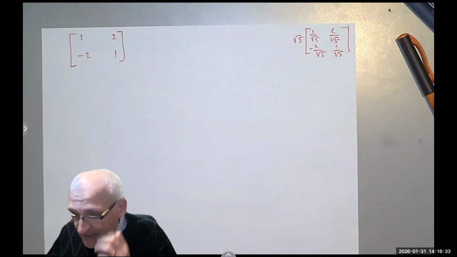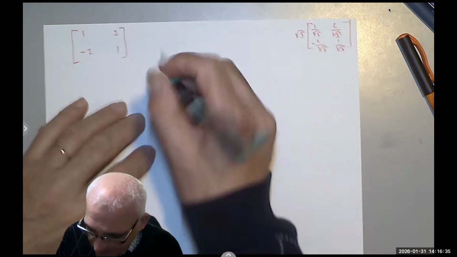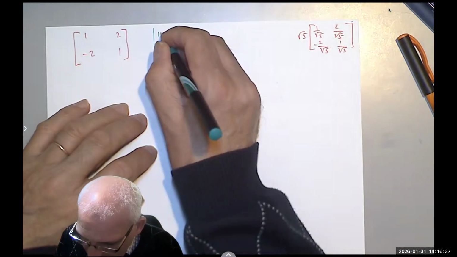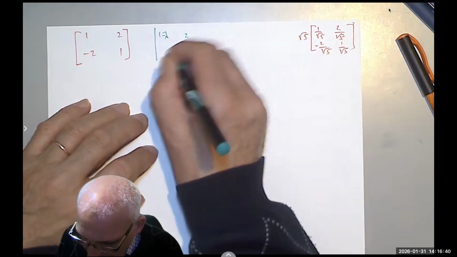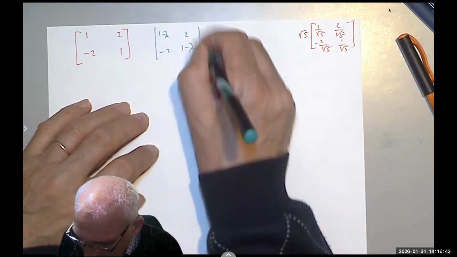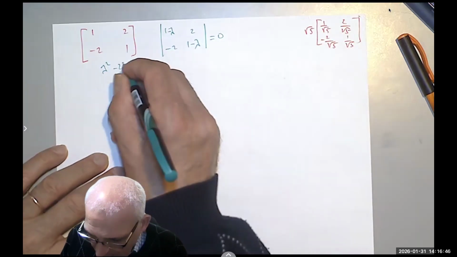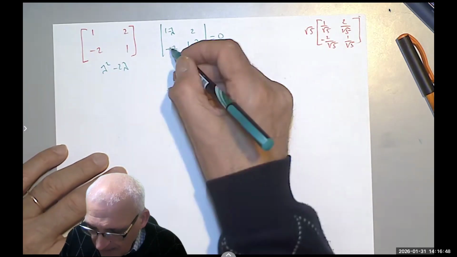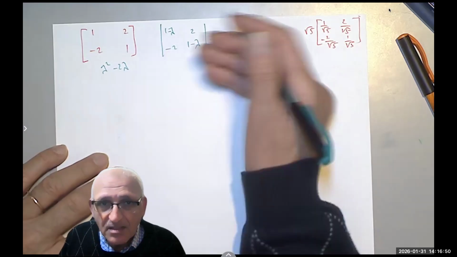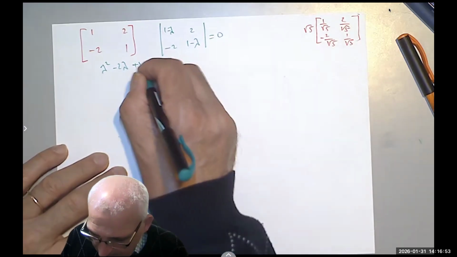So let's do it quickly and see what we get. I would have 1 minus lambda, 2, negative 2, 1 minus lambda equals 0. Lambda minus 1 squared is lambda squared minus twice lambda plus 1, minus negative 4, plus 1 plus 4 is plus 5.